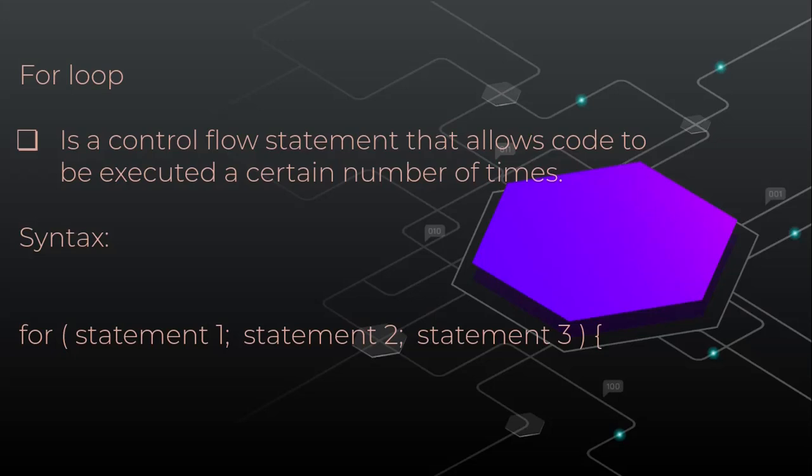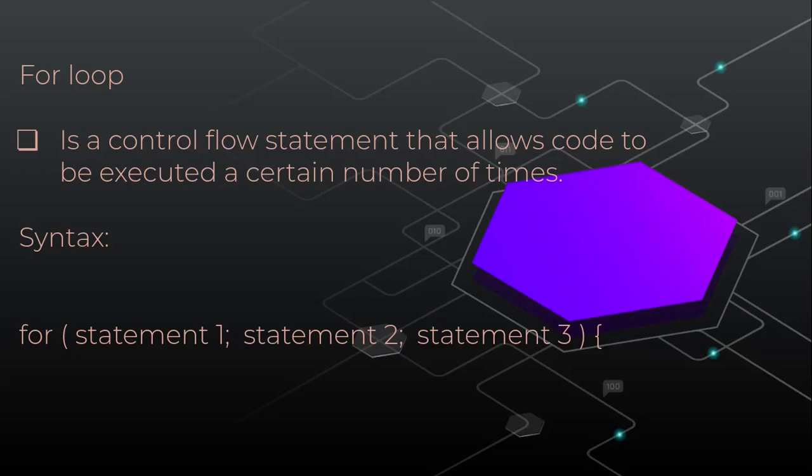You declare a variable the same way you've been declaring and initializing variables, because this variable is what you use to determine, as part of the condition, how many times you want this loop to run.